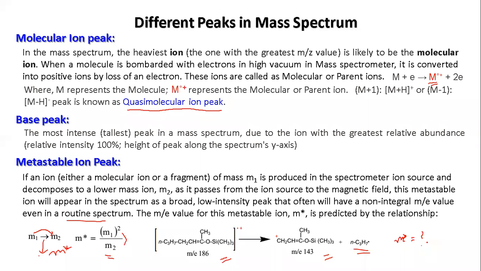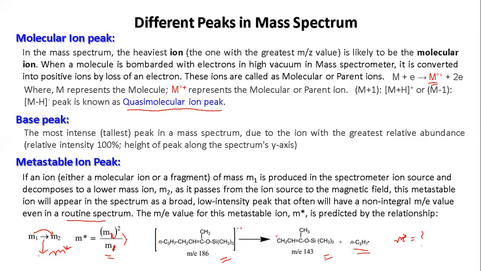If you do the reverse one, M2 square by M1, how much are you getting? It will be M2 square by M1. I have done some silly mistake here: it has to be M2 here, and M1 here. Please do the correction.